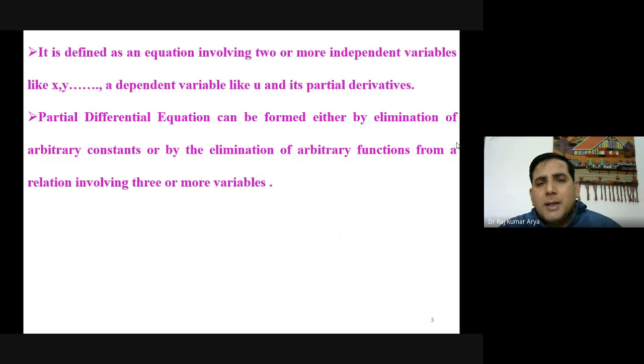Most of the time your functions are of space coordinates and or time, because these are the only two, space and time. And finally you will have some property, which could be anything: concentration, pressure, or something else.